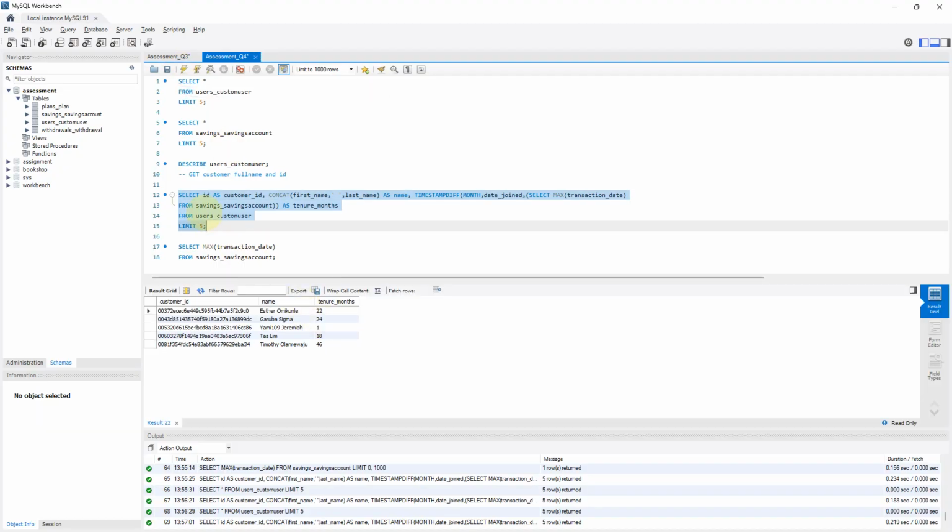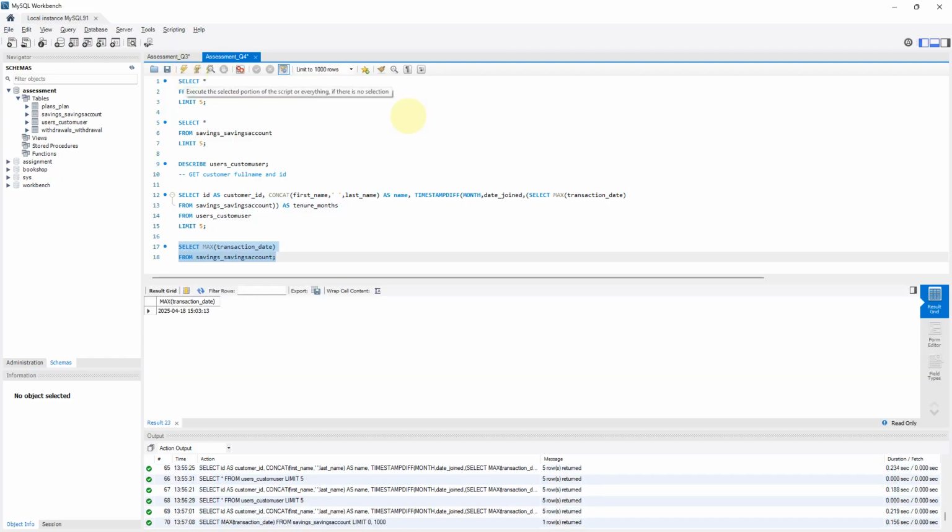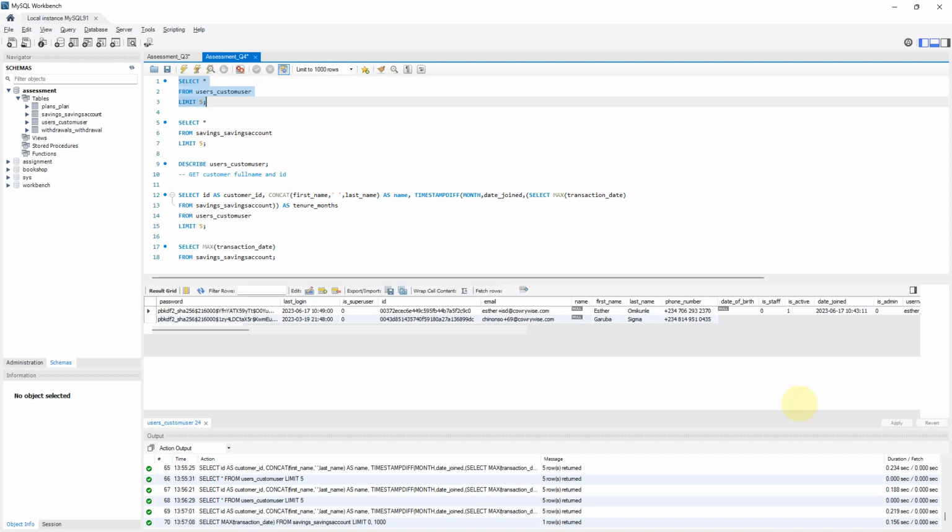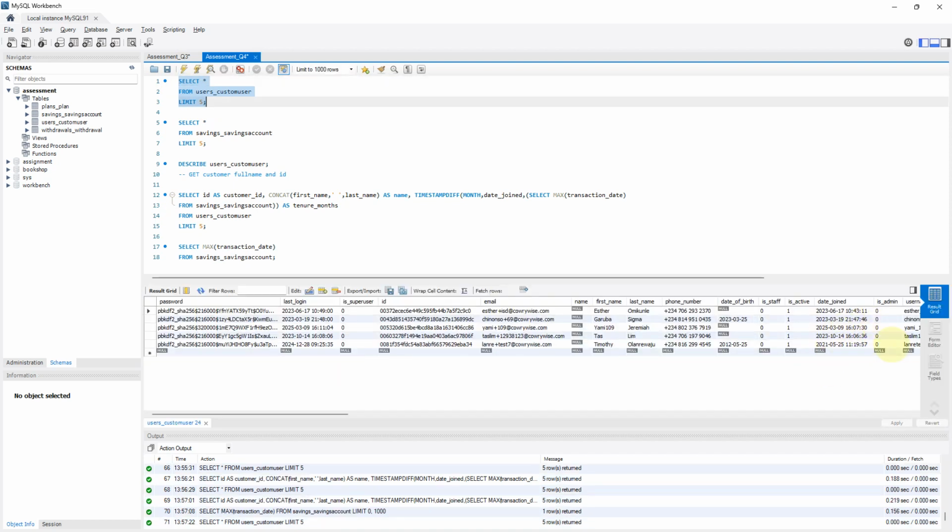Yeah, it's 24 months. The reason is because this is the 18th, and they signed up on the 19th. So for it to complete 1 month, it has to be at the exact date.